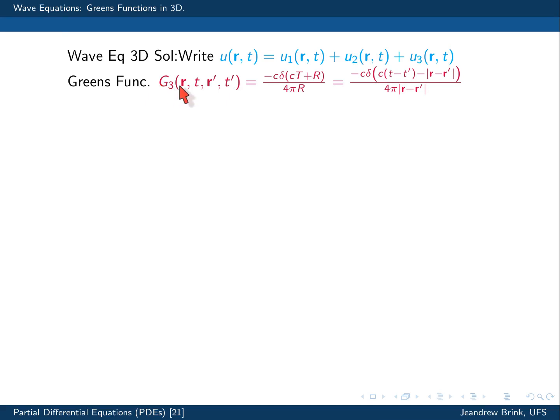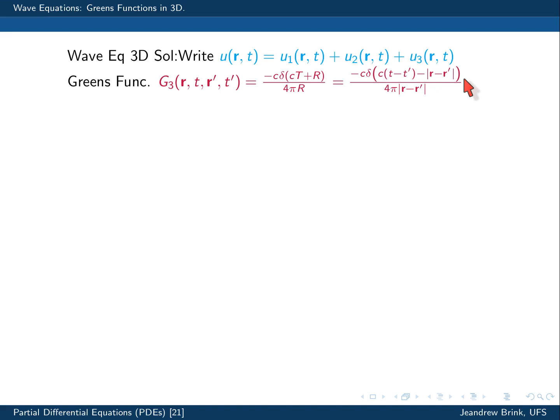And just for reference purposes, here's our Green's function written out with your field and source points dependence made explicit. Here's the one we derived in the previous slide, and here it is written out as ct minus t prime and minus |r minus r prime|. Just note that the argument here I've multiplied with a minus sign to get from there to there.